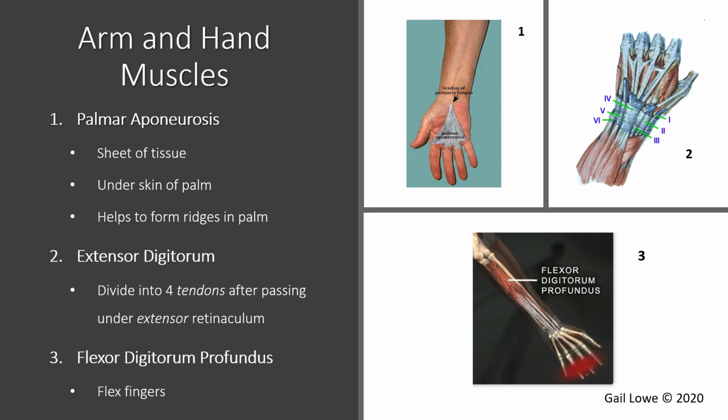These are muscles on the hand. The palmar aponeurosis is a sheet of tissue, and this is underneath the palm, and this is what gives the ridges in the palm and gives us some protection of the tendons just underneath the palm, but also gives us a structure and gives us a really firm grip of our palm.